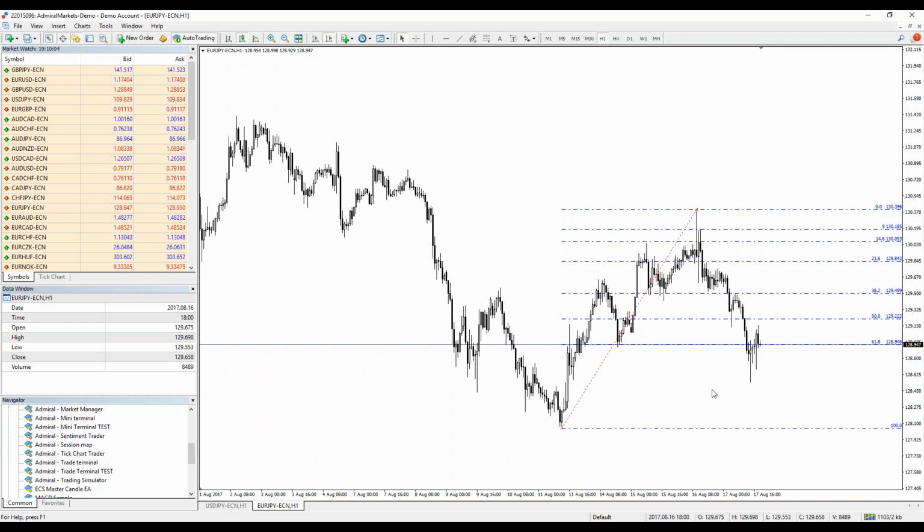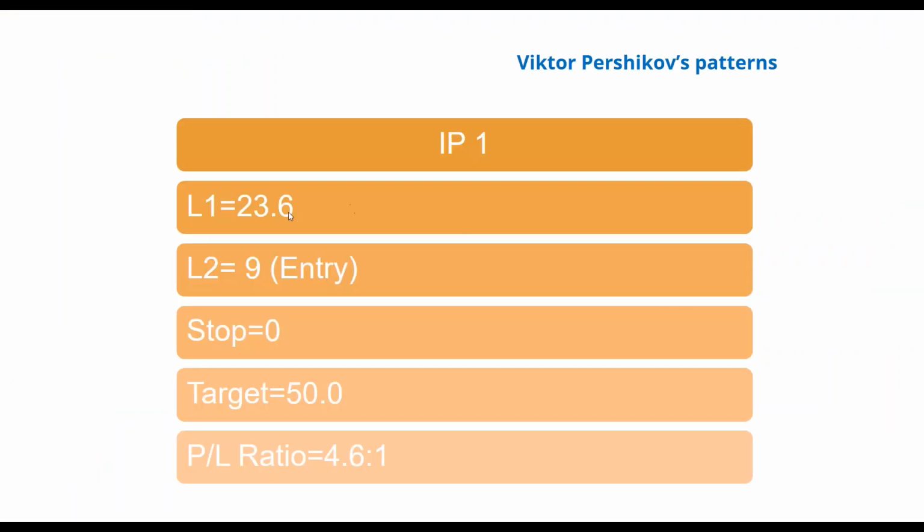In this example, we can see the IP1, because IP1 tells us that the price went from the final top, that is always 0, to 23.6, but watch this, it hit 9 and then started to reverse. So that was IP1. Level 1 is 23.6. It needs to reverse to 9 and then, in this case, drop.